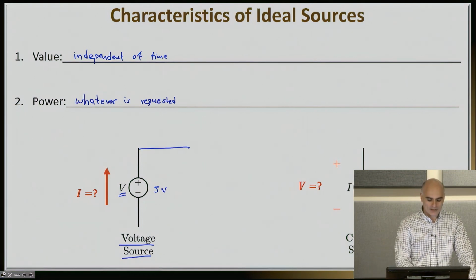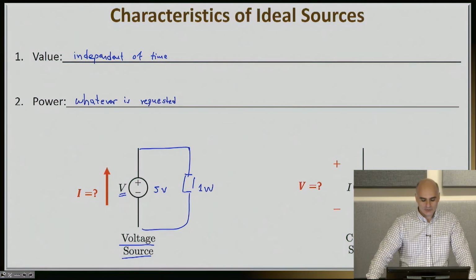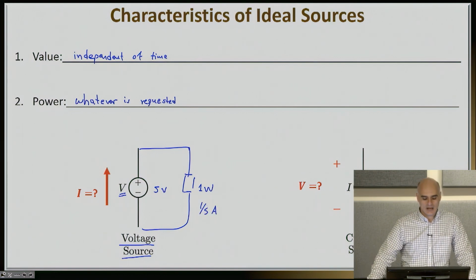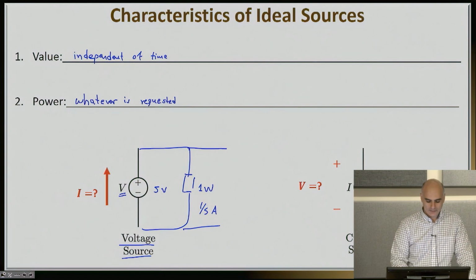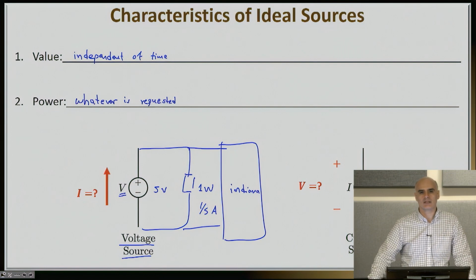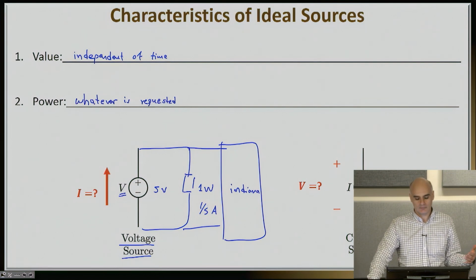If you connect a little device here that draws maybe 1 watt of power, then you're going to draw 1 amp. Actually, 1/5 of an amp. However, if you connect here the entire state of Indiana, and this is not an accurate map, then clearly you're going to basically draw as much current as needed to power everything in the state. That would be an ideal voltage source.